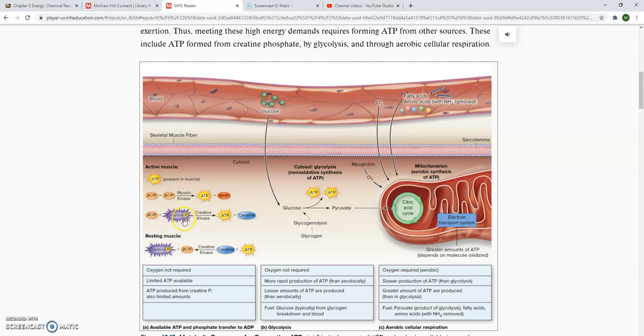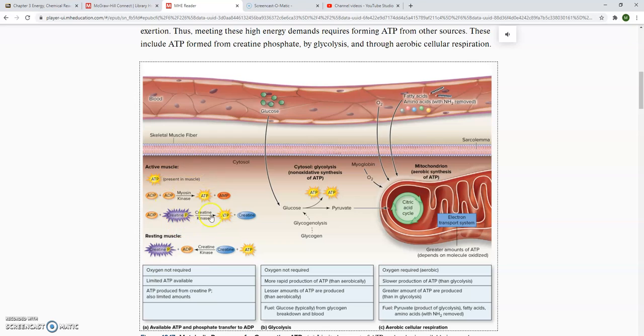It will break that bond between the creatine and phosphate and add that inorganic phosphate to another ADP molecule. And then we'll get ATP, and creatine is the byproduct there. So that is the third way that the cell can get ATP, through the action of the creatine kinase enzyme. And again, you should know that it is a reaction that includes creatine phosphate donating a phosphate to ADP to make ATP.